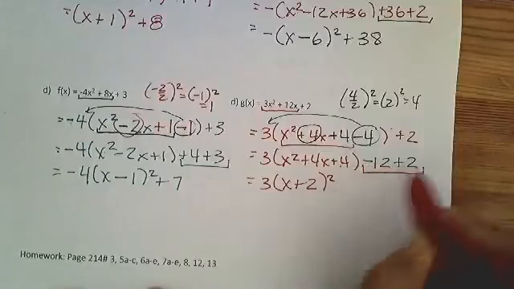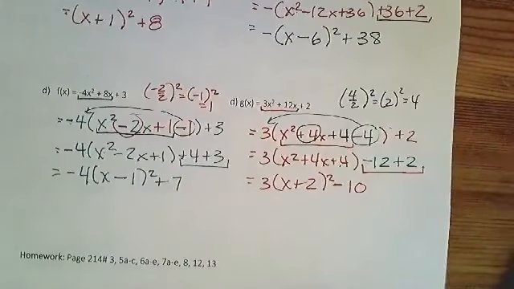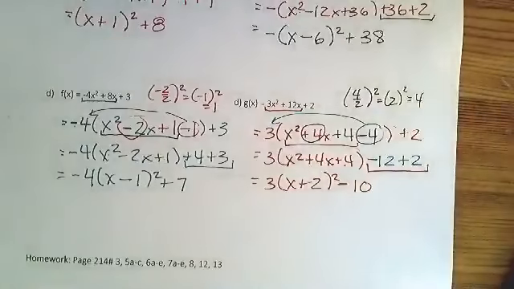A -12 and a +2 is -10. So that is our lesson today. First off, just knowing how to convert from one form to the other, and a little bit of extra practice for completing the square.